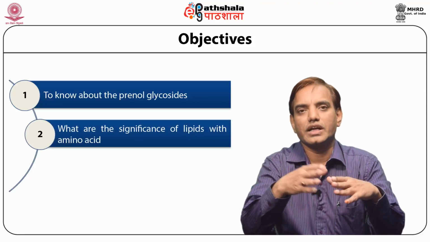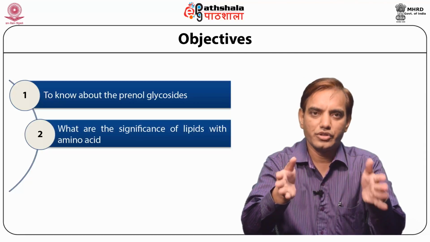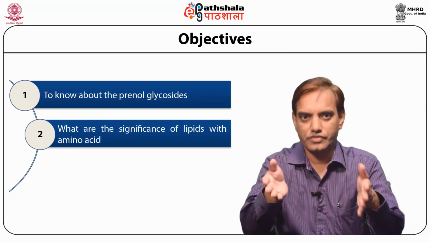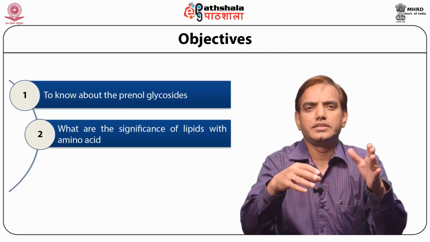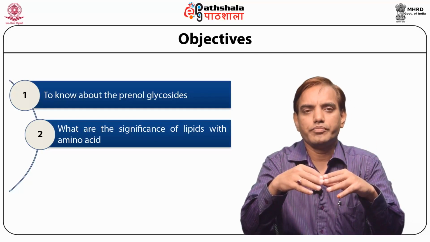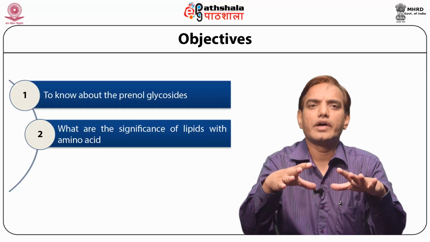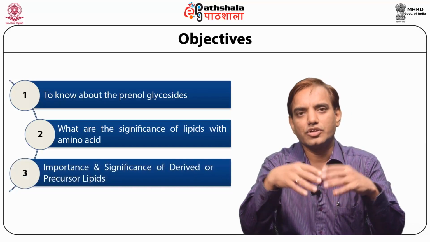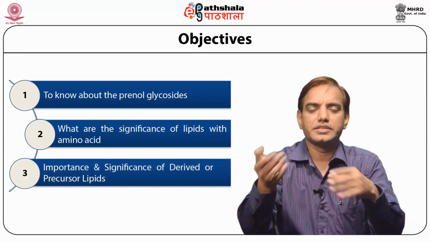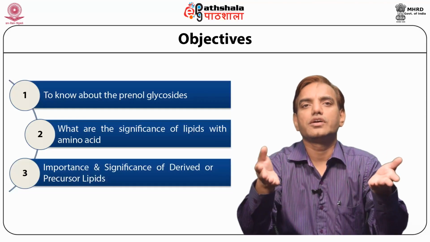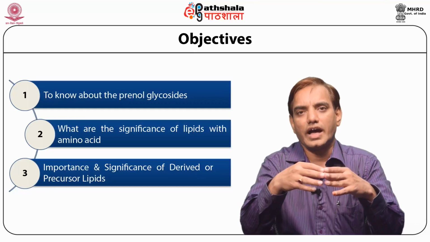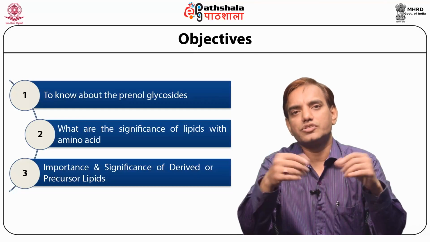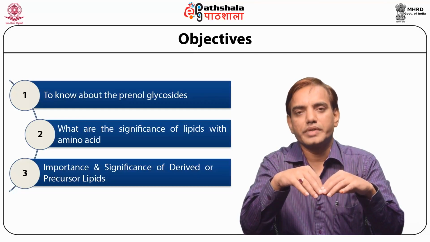So another important class, lipids containing amino acid, that we are going to discuss today, as well as the third type, which is another important type of lipids called derived or precursor lipids. So we will also discuss the derived lipids, its importance, as well as the significance of the derived or the precursor lipids.